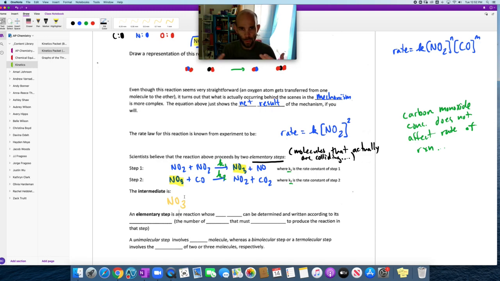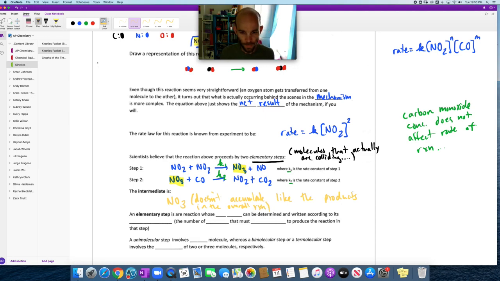The reactants are ultimately getting turned into products, but this is a product that reacts, and so it doesn't accumulate like the actual overall products do.